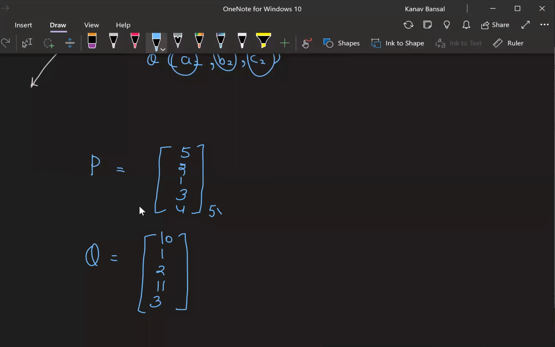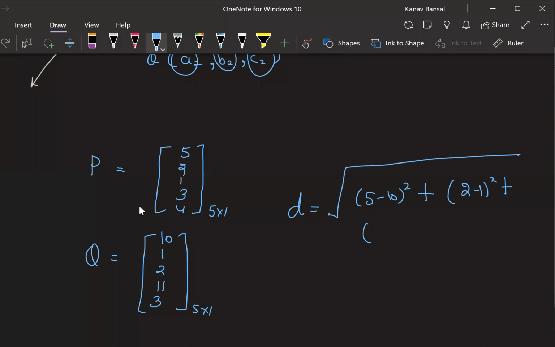There are 5 rows and 1 column, and there are again 5 rows and 1 column. Can anyone tell me how do I write the distance between these 2 points? The distance between these 2 points is going to be nothing but equal to under root of (5 minus 10) whole square plus (2 minus 1) whole square plus (1 minus 2) whole square plus (3 minus 11) whole square plus (4 minus 3) whole square.